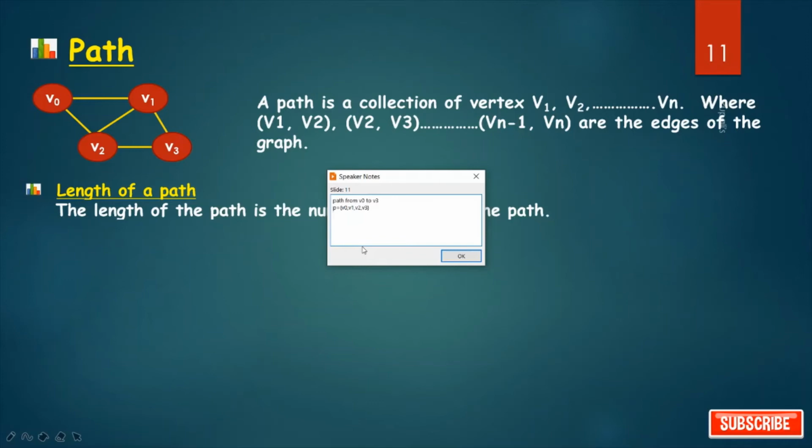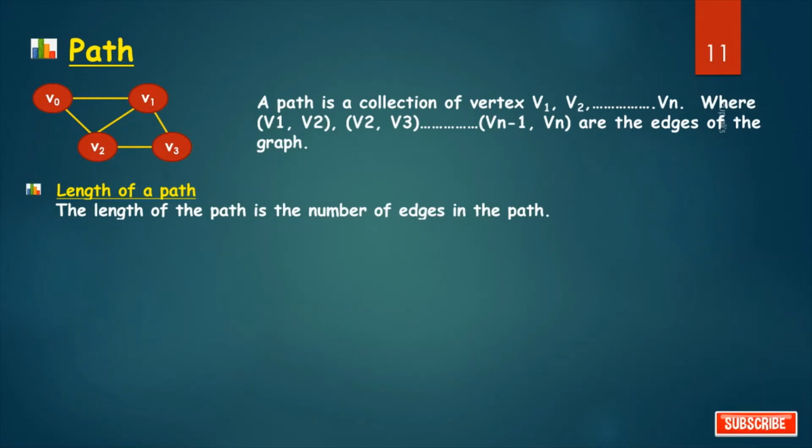And how many edges are there? Edges are 3. How many nodes are required? Nodes are 4. So we can write nodes equals number of edges plus 1. Number of edges means length. So nodes equals length plus 1.